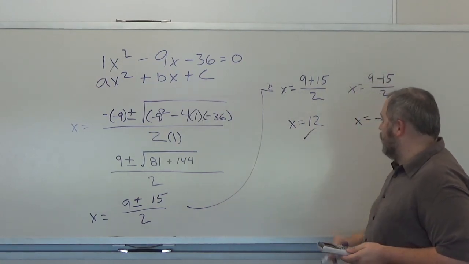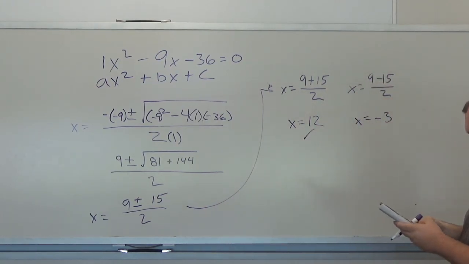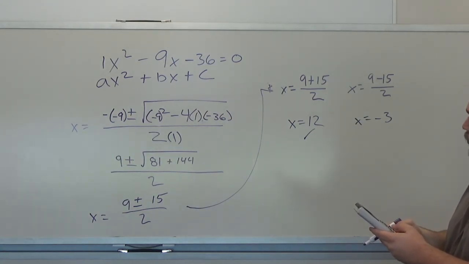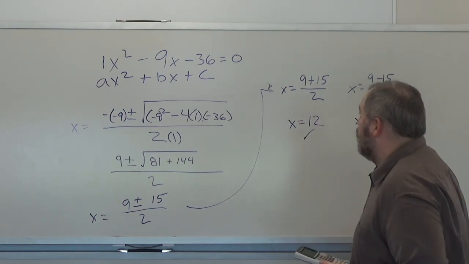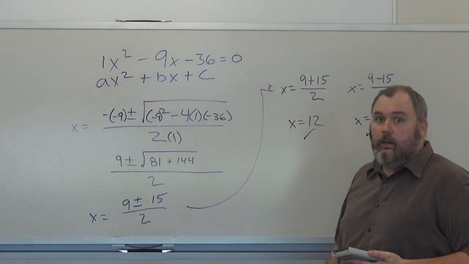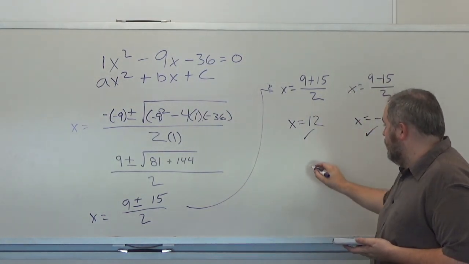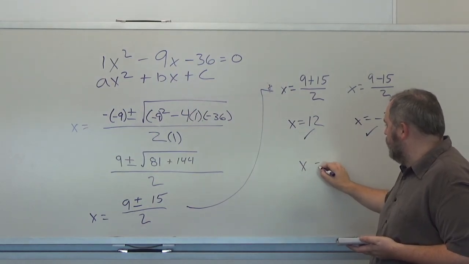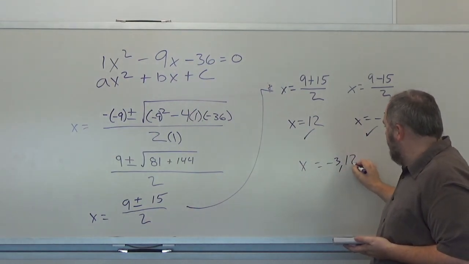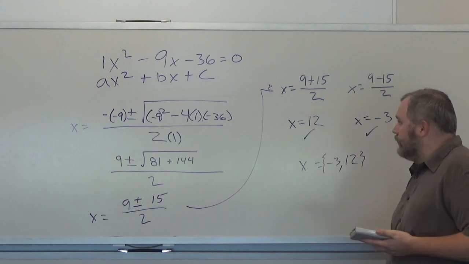So we know that works. Well, let's try the next one now. We have negative 3 squared minus 9 times negative 3 minus 36. And what do we get? We get 0 again. So that works. So our answer set for this is that x is equal to negative 3 and positive 12.